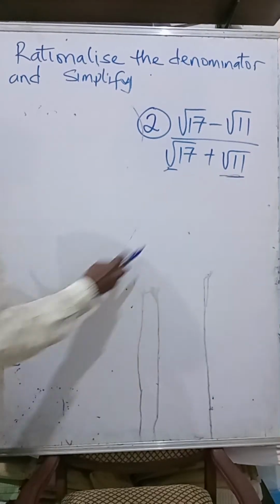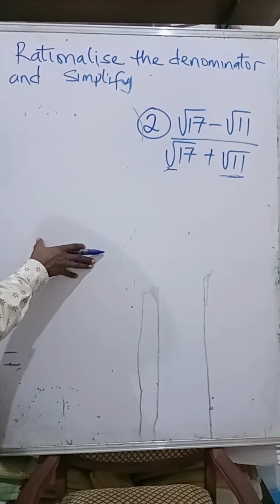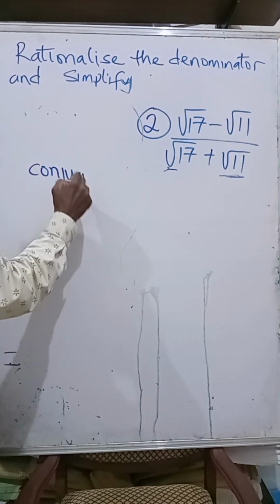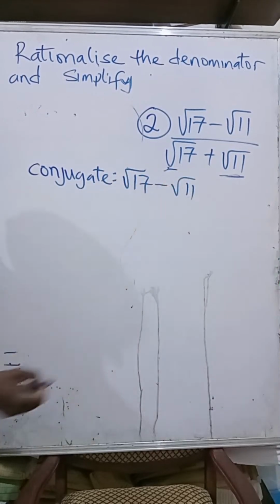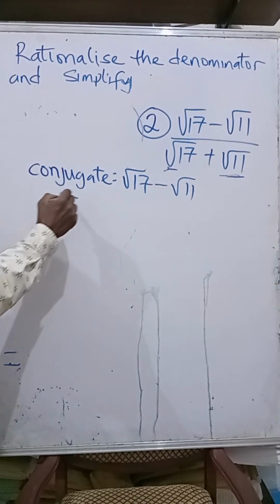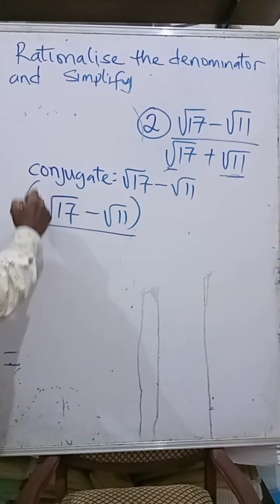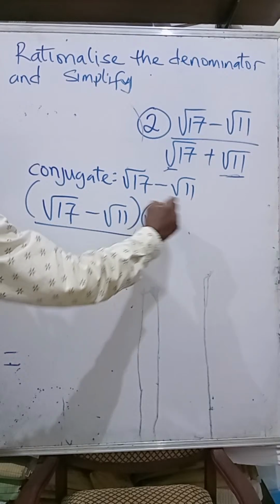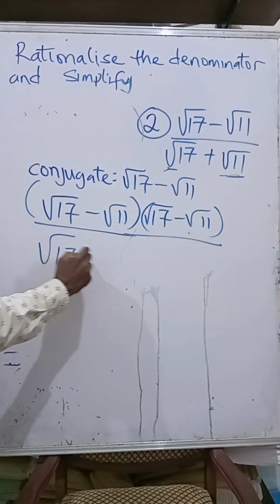Let's talk about the second part. What you do is get the conjugate of the denominator. So the conjugate is root 17 minus root 11. Then use that conjugate to multiply the numerator, root 17 minus root 11, and also use that conjugate to multiply the denominator, root 17 minus root 11.